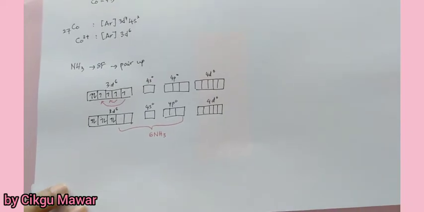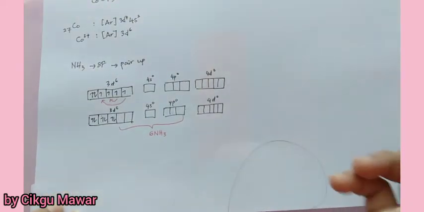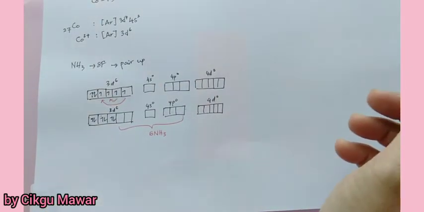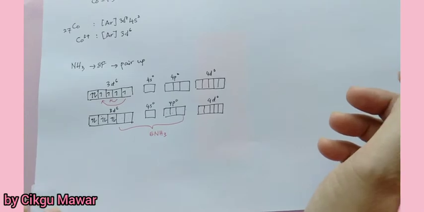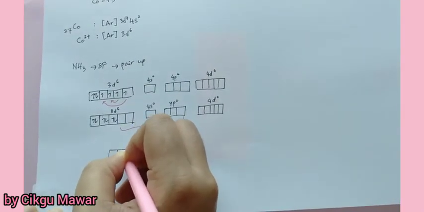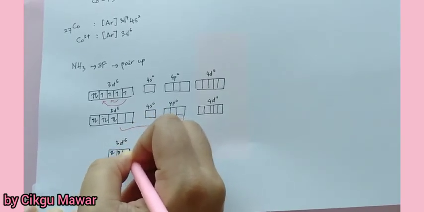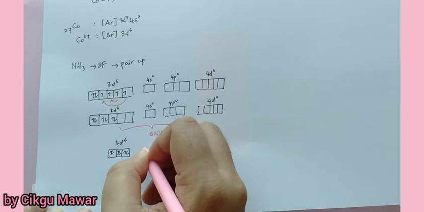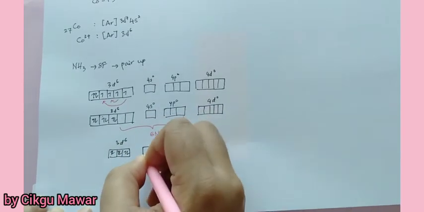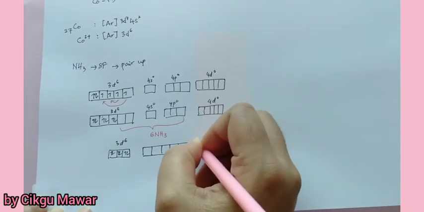So what kind of hybrid orbital will be formed is like this. We have the fully filled 3d6, and then the hybrid orbitals, we have 1, 2, 3, 4, 5 and 6.